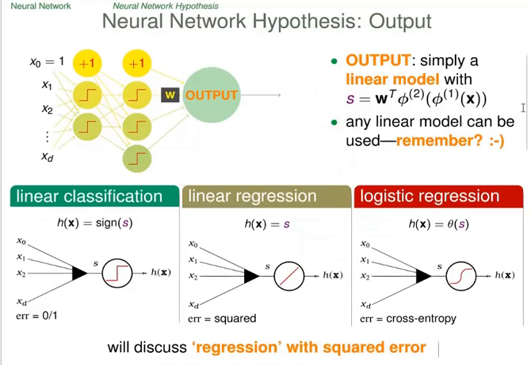In fact, much of the machine learning models that we have considered so far can be considered as a shallow neural network model. By minor changes to the architecture of the perceptron, we can get either linear regression, linear classification hypothesis, or logistic regression.